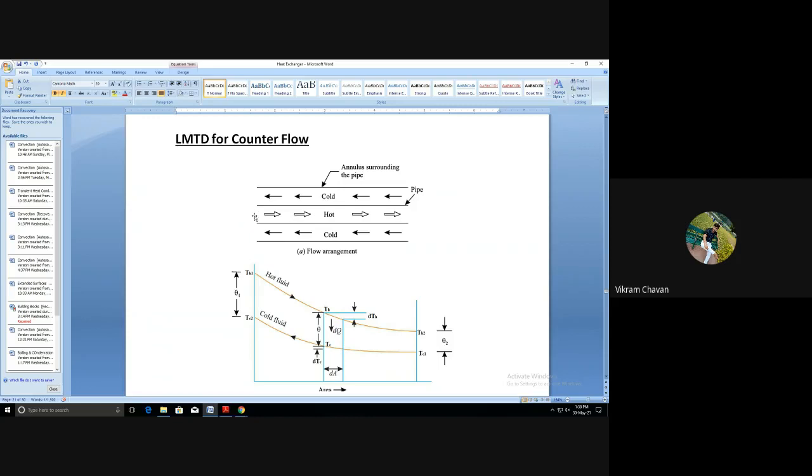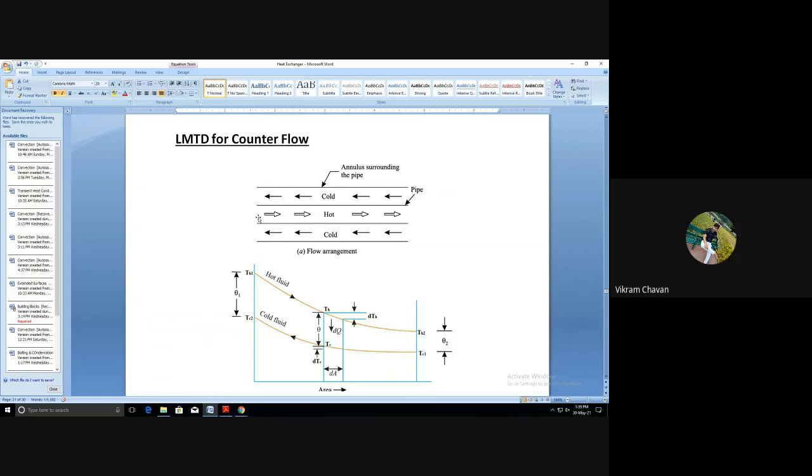The hot fluid, flowing through the small tube, is flowing in this direction, so its inlet should be on this side, whereas the inlet for the cold fluid is on the other side.